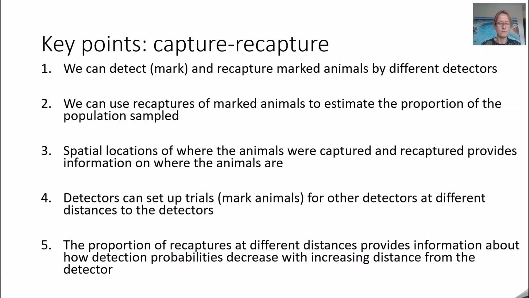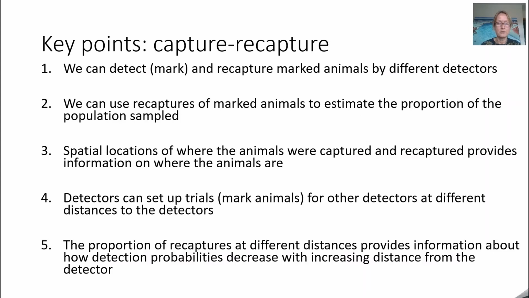Spatial locations of where the animals were captured and recaptured provide information on where the animals are. And detectors can set up trials, mark animals, for other detectors at different distances to the detectors. The proportion of recaptures at different distances provides information about how detection probabilities decrease with increasing distance from the detector.